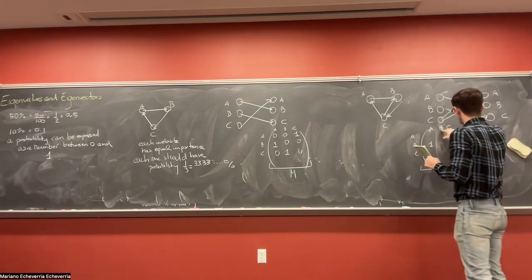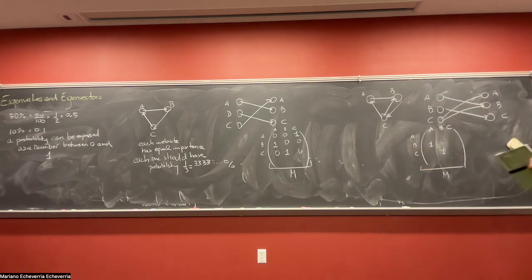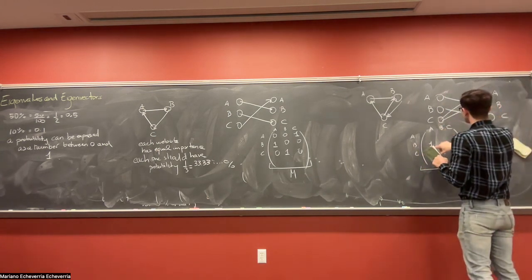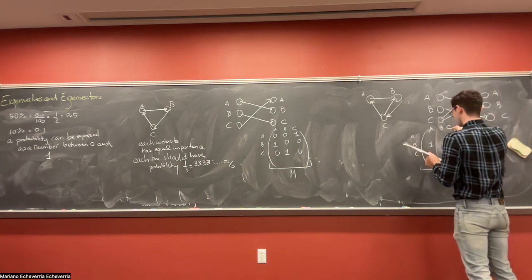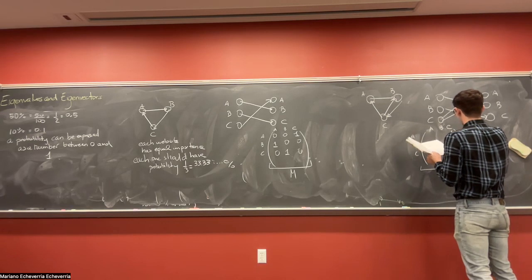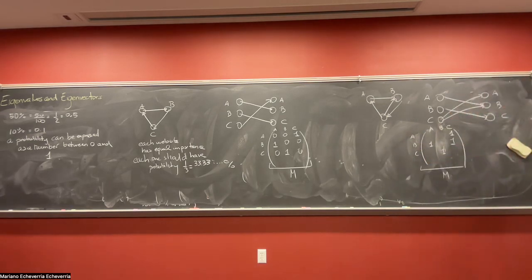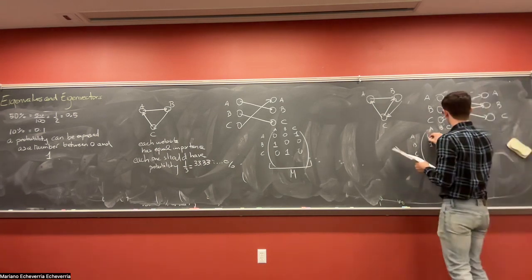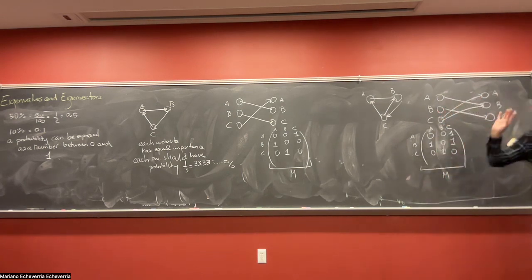From B to C, there's a path. And from C, there are two possible options. You can go from C to A, or you can go from C to B. So you can put it like this, and that's what you end up getting. Is that making sense? So far, so good, everyone on the same page?